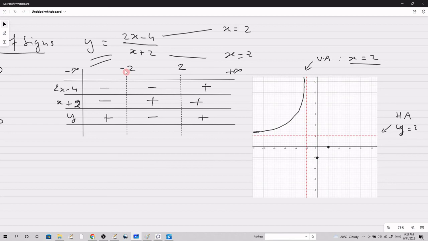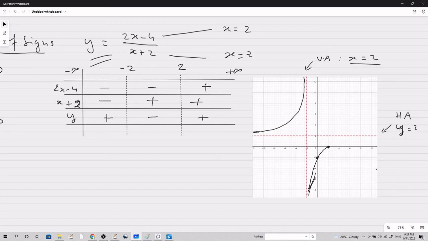That means y is negative. That means the graph is below the x-axis. So we start from the vertical asymptote, the graph is close, and then it cuts the x-intercept. So it's here. It's negative.